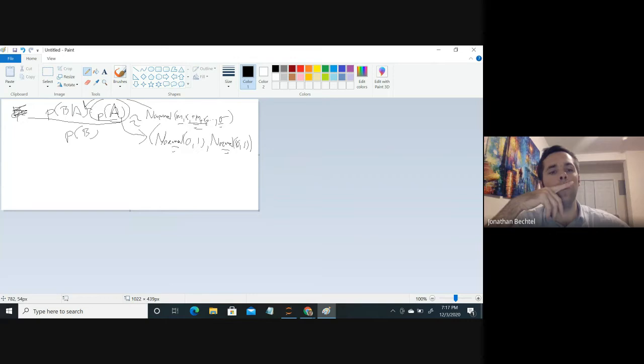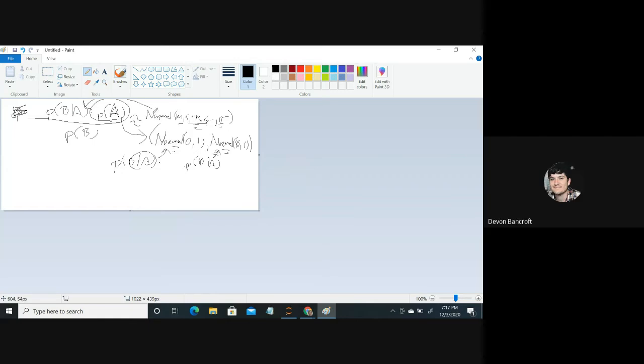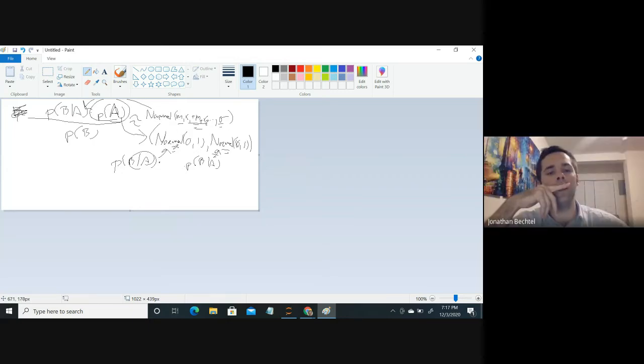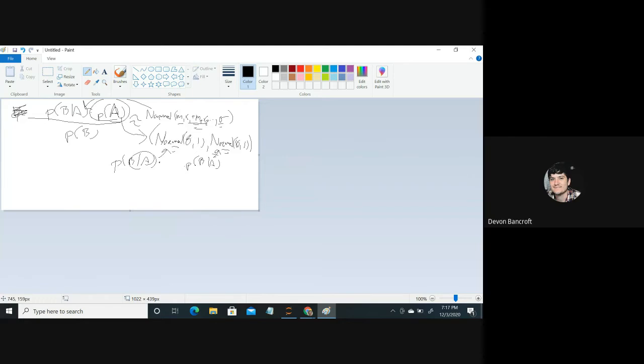So we'd have this value times this one, and then this value times that one right over there. You know what I mean? So that's how, starting off with distributions, we define what our model is, and then we generate random numbers from that. Okay, yeah, that makes sense.